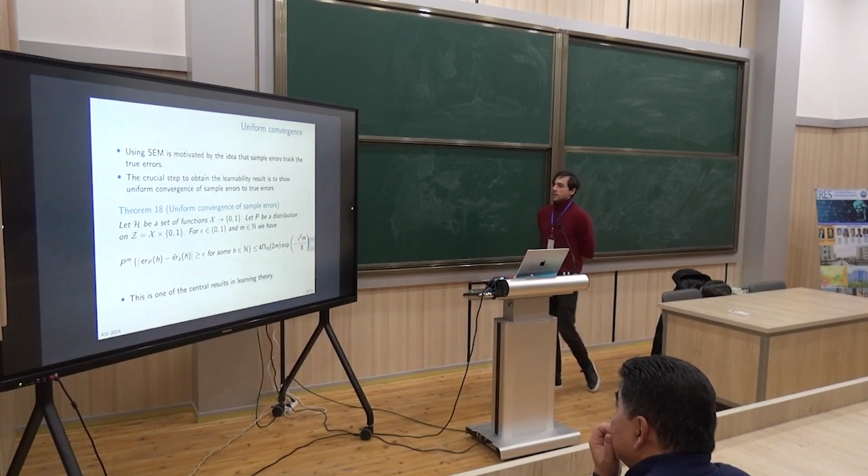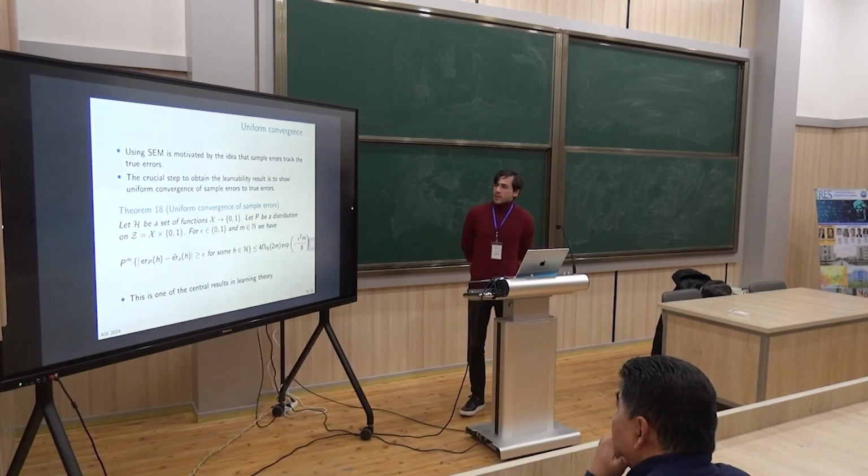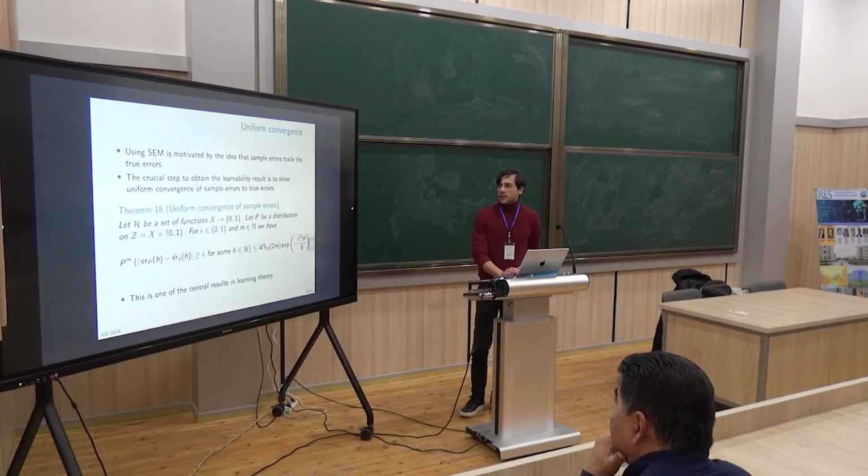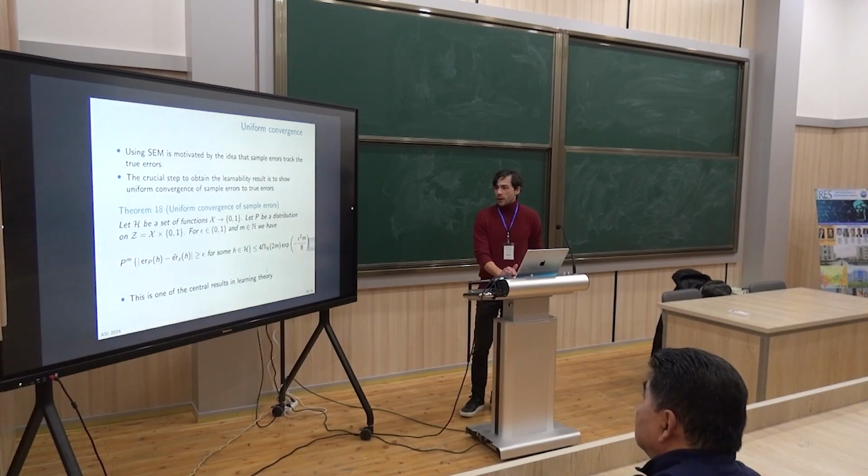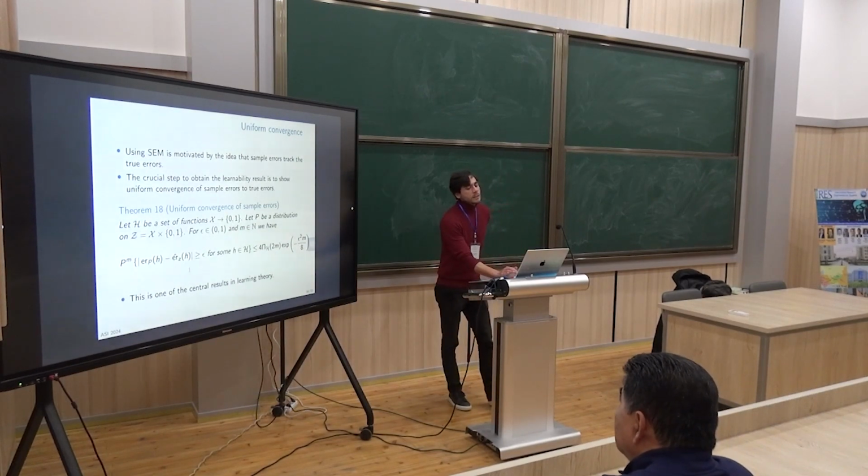It goes like this. We have H being a set of functions, and we have P, our probability distribution for input and output pairs. And then if we have an epsilon and M, we can obtain this type of bound. What is it saying?